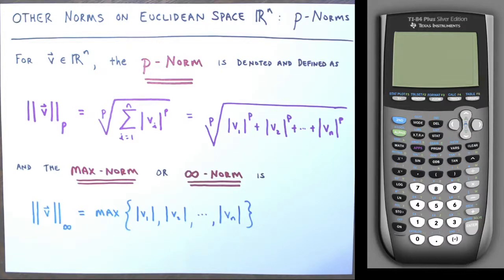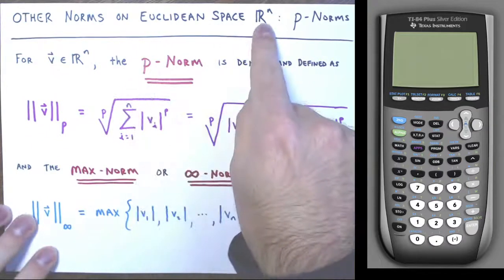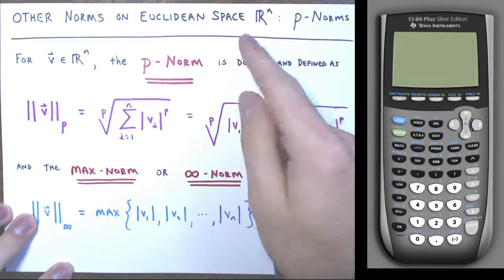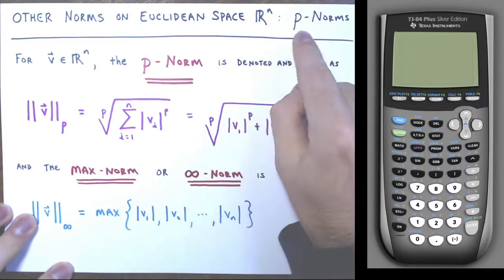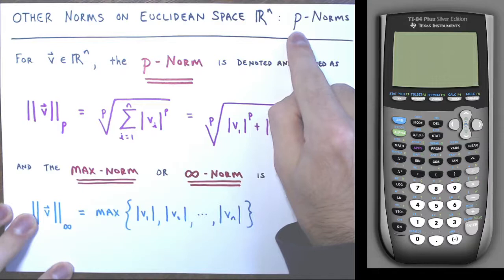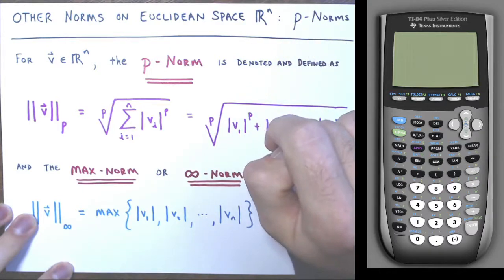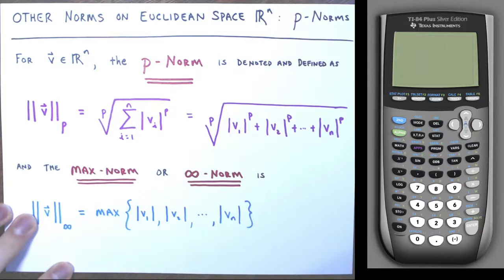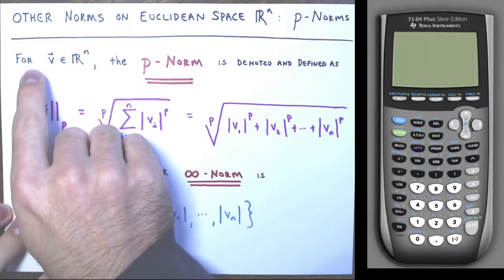These do as well. So here are some other norms on Euclidean space Rn, right? So R2, R3, R4, etc. R1. Right? And these are called the P norms. Right? The P norms, P-norm. So here's how they're defined.